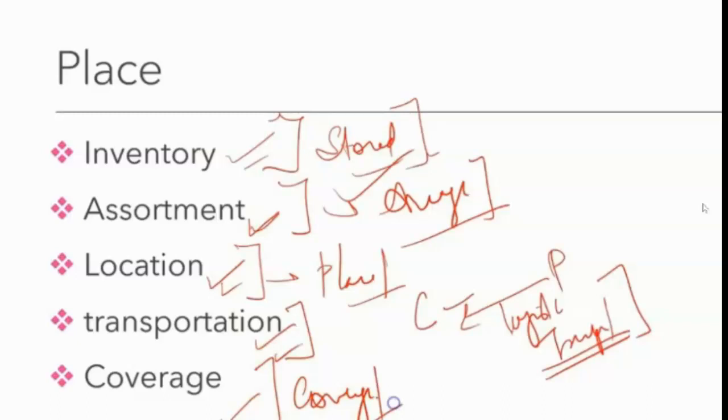Once a product is listed and you get a lot of orders from customers, you can take help from Amazon to set up your distribution channel for a particular product, and it becomes Amazon's responsibility to make sure you get the product in time. So this was all about the first three P's: product, price, and place.